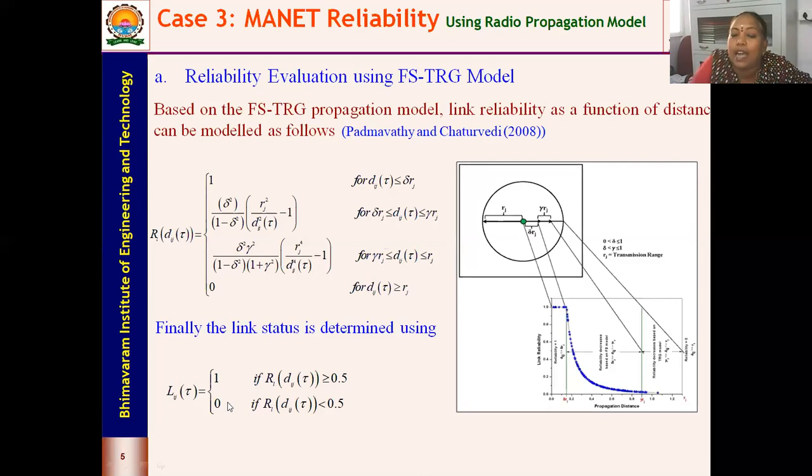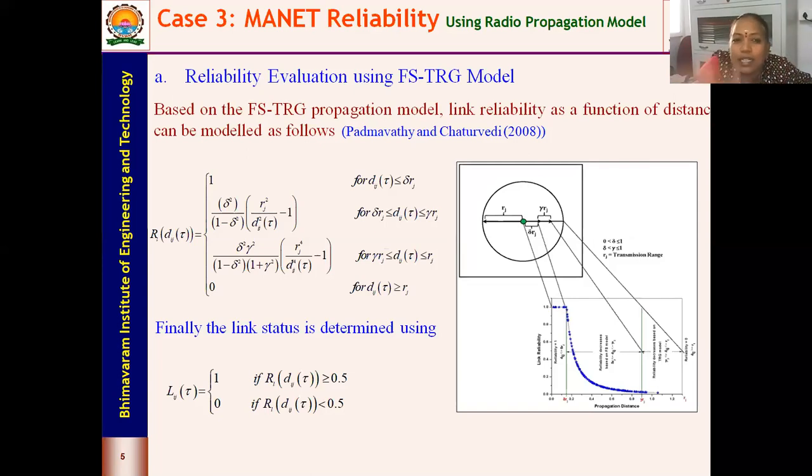So wherever I have probability values 0.5 and above, the link reliability value is going to be 1, and if the value is less than 0.5, the link reliability is going to be 0. So that means I'm going to convert a probability matrix into a binary matrix. I'm making the values into whole numbers. Hope that is clear till this.